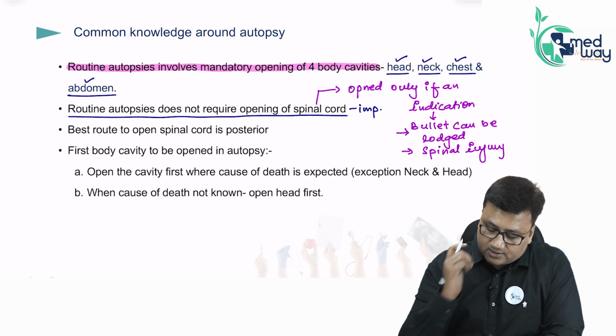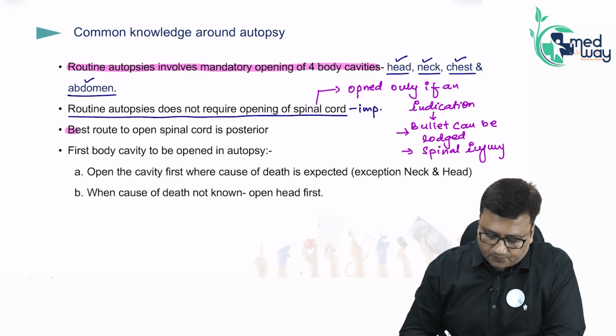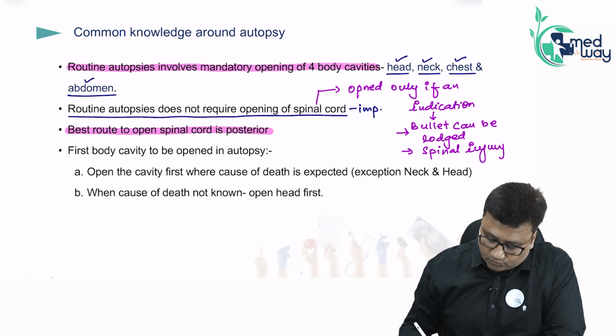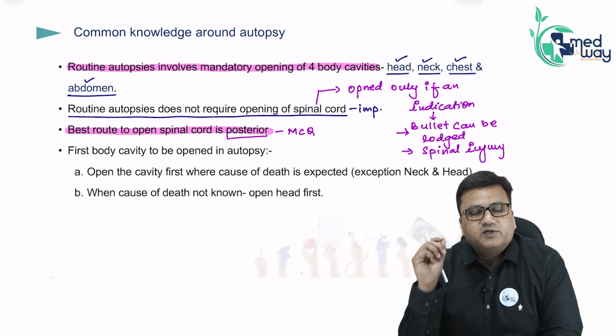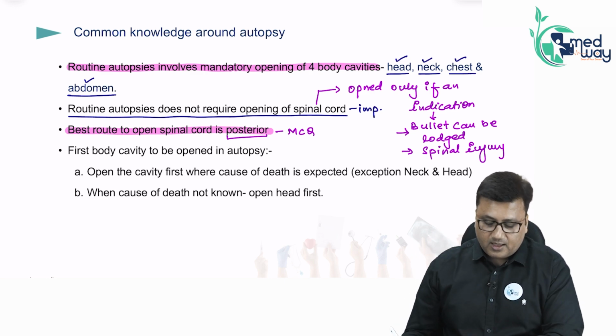Now, the question is, if the spinal cord has to be opened, what is the best route? The best route to open the spinal cord is the posterior approach, right.